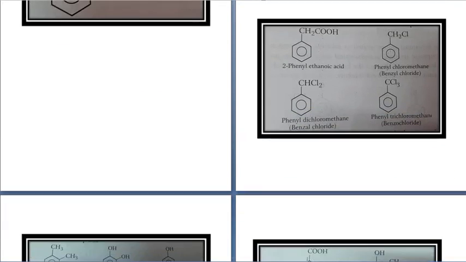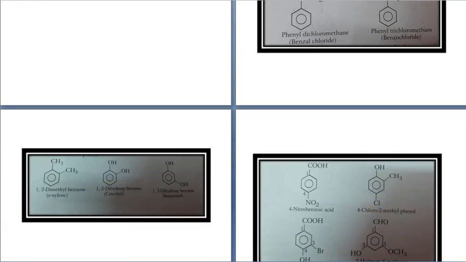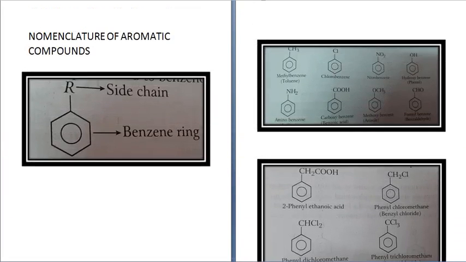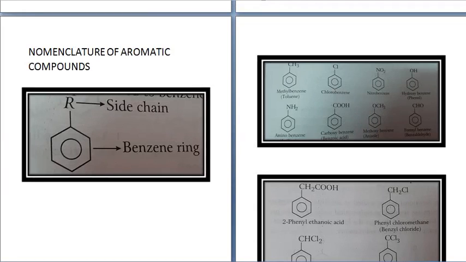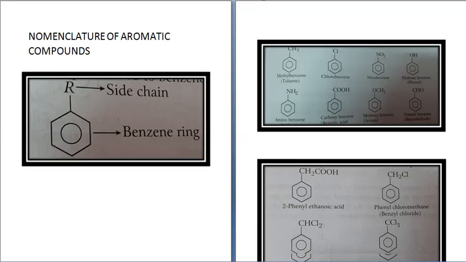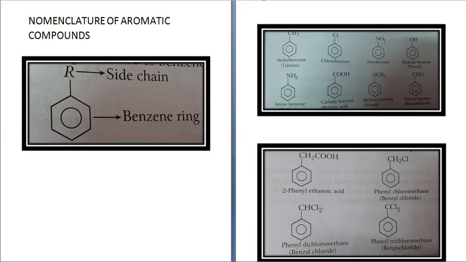Now next is that if some similar groups are present in a side chain, then such a group is considered as a substituent group. For example, CN, see here, CN, CH2, CH2, CH2, CH(CH2CN), CH2, CH2, CN. So the CN is present 3 times.